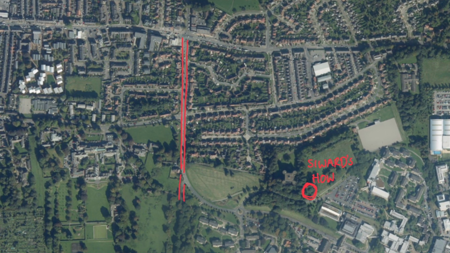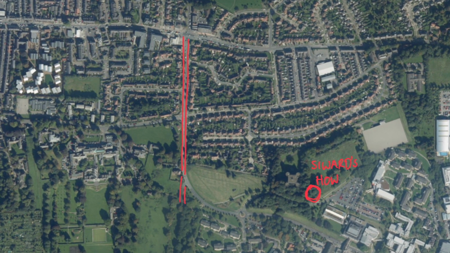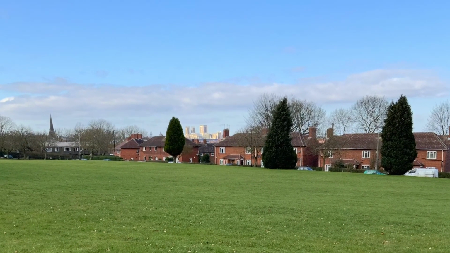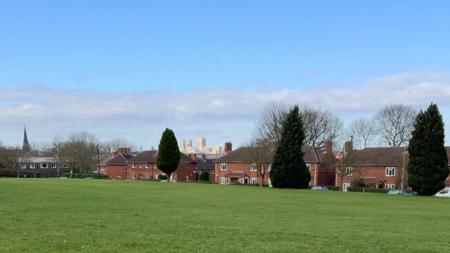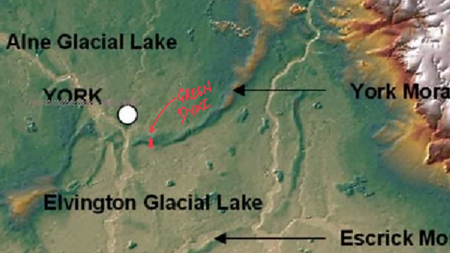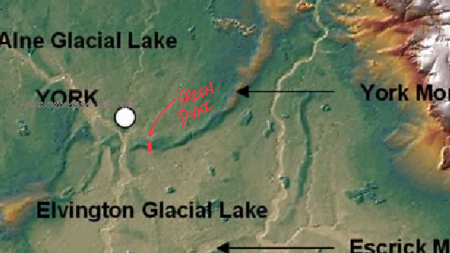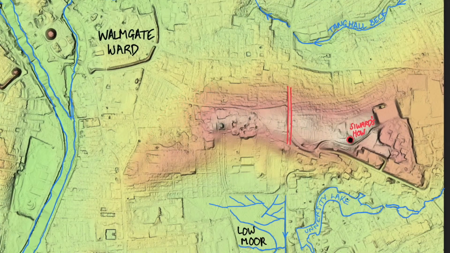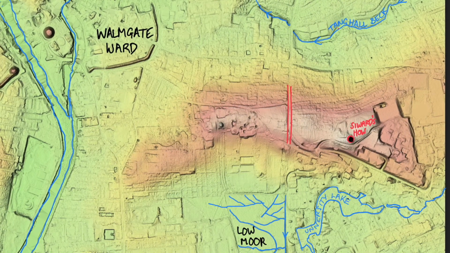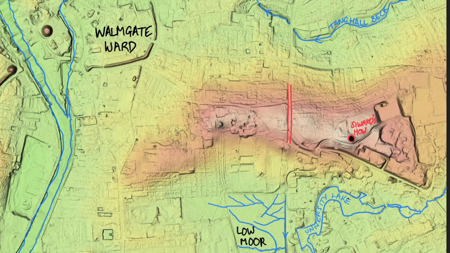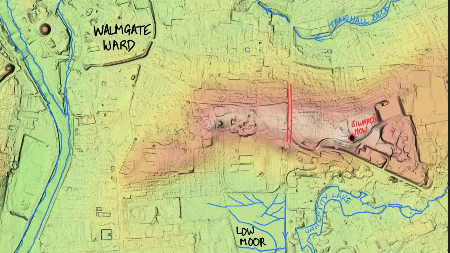Lastly, we have to look at where Green Dyke's Lane runs. It stretches right across the top of the glacial ridge. Assuming the original Green Dyke followed the same course, the earthwork would have blocked or controlled movement along this spine of dry ground between the valley of the Tanghall Beck on the north and the low-lying boggy ground of Low Moor on the south.